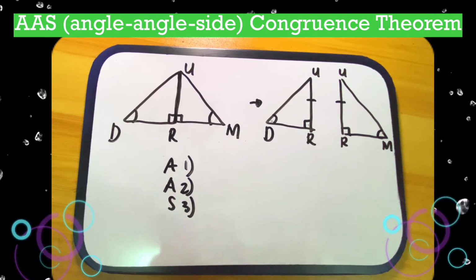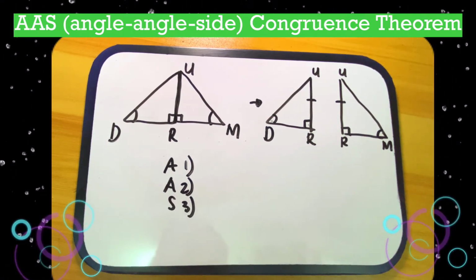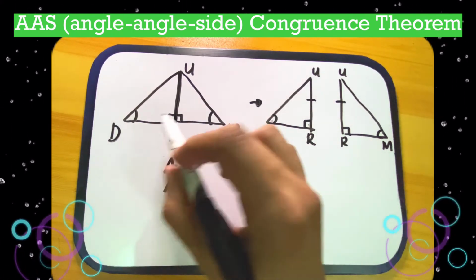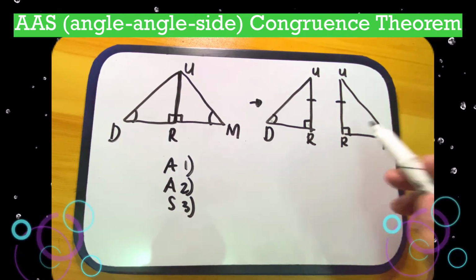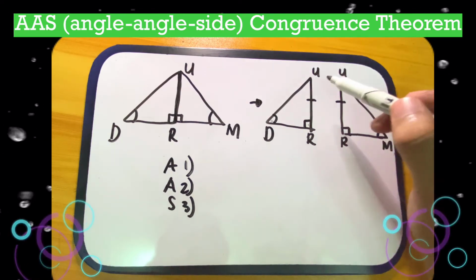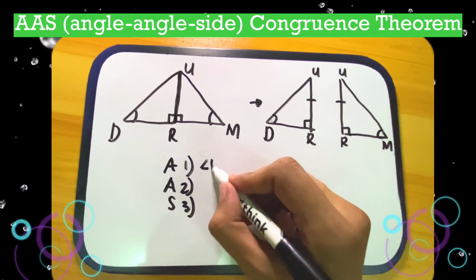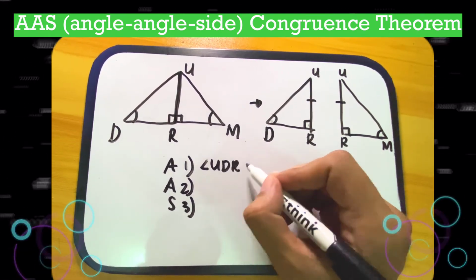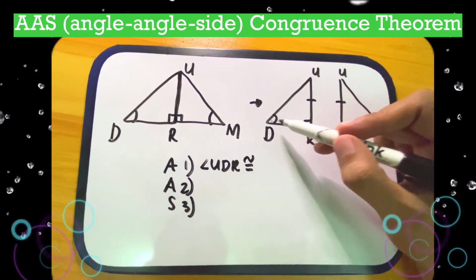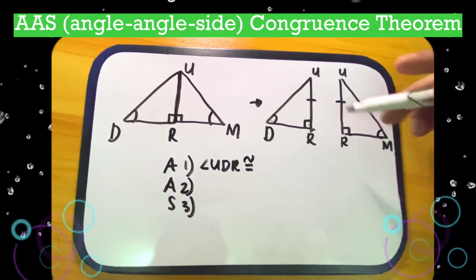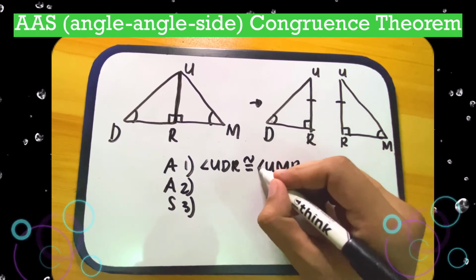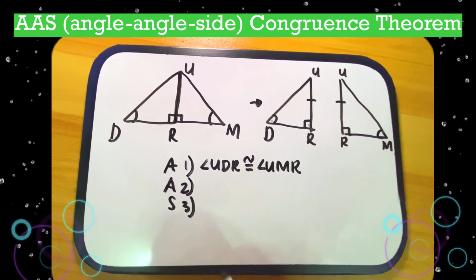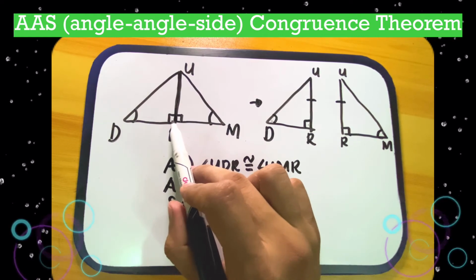Here I write angle, angle, side. The first angle is D, congruent to M. Since they are combined, we will name the angles in three letters. So you can write angle UDR is congruent to angle UMR. Next, R congruent to R.